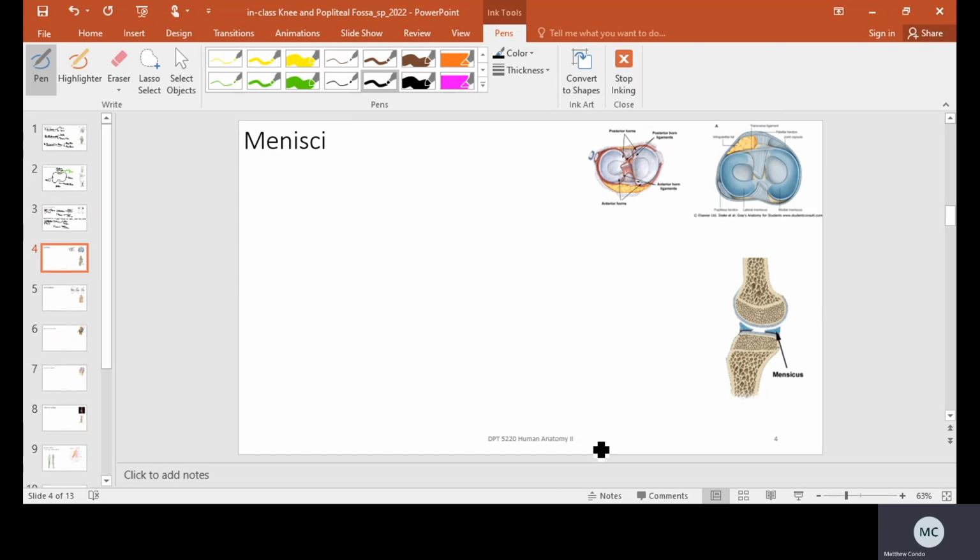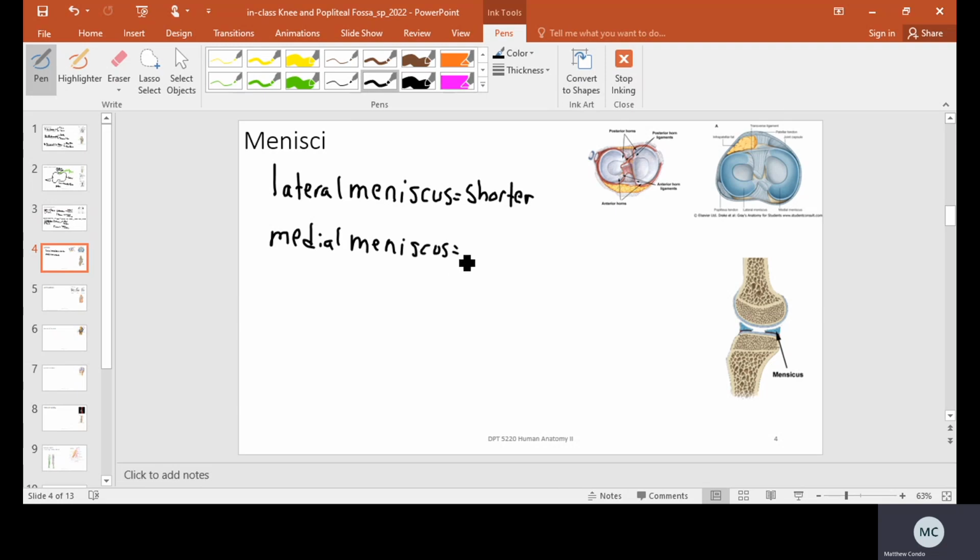So lucky for us, the lateral and the medial menisci are going to follow the lateral and the medial tibial plateaus. Okay, so my lateral meniscus is going to be shorter and my medial meniscus is going to be a little longer.